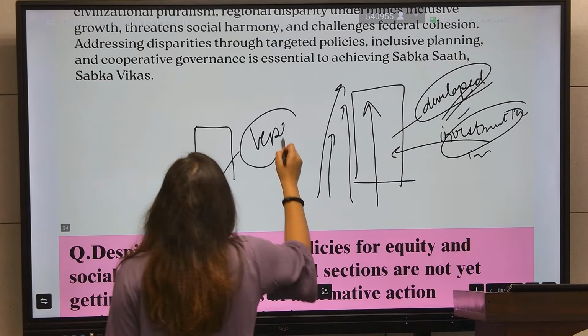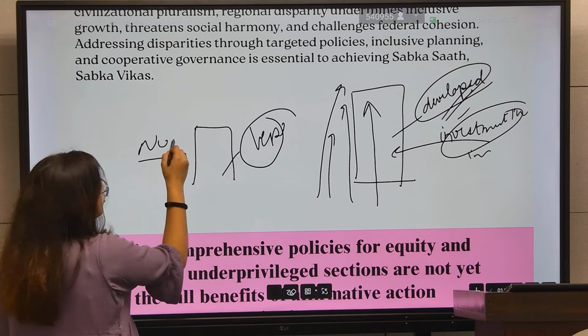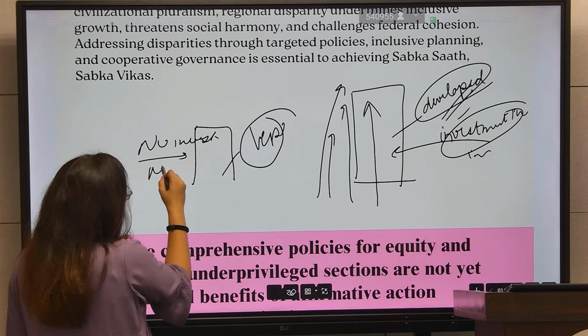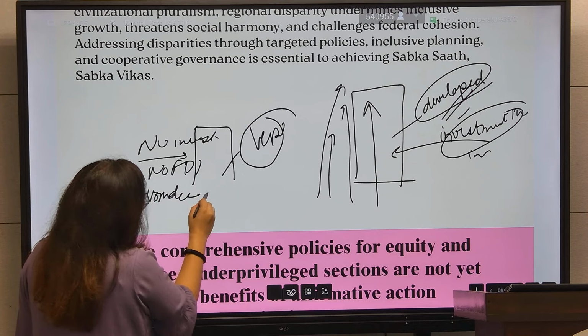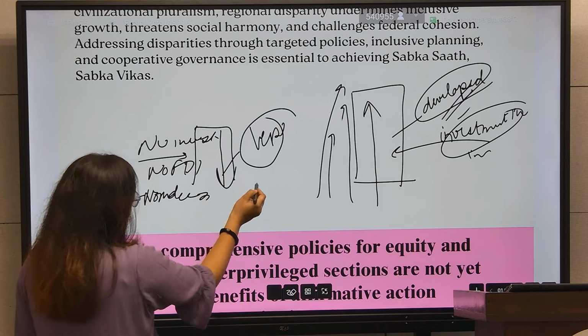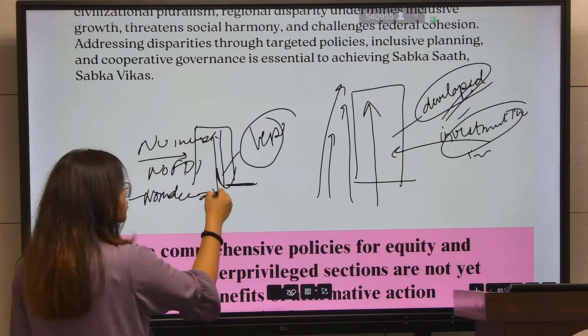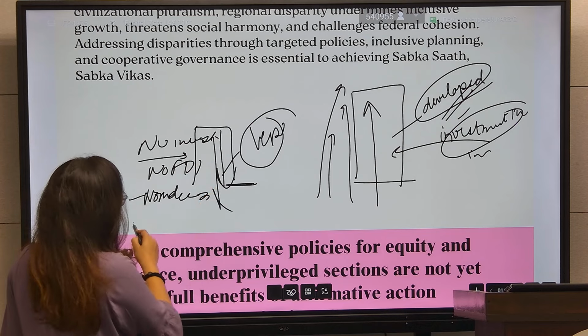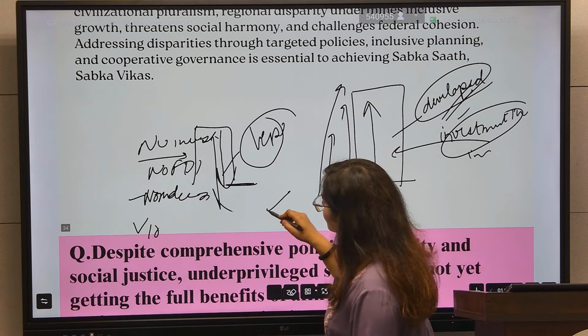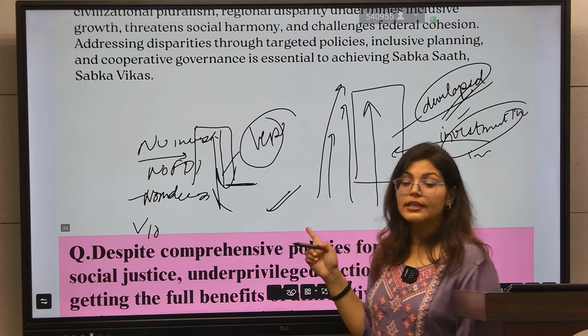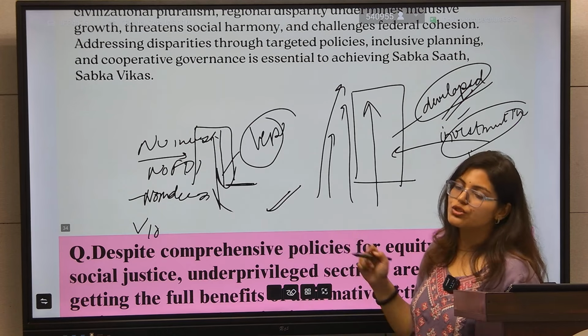And what happens in this area? There is no investment, no FDI, no industries. So the already underdeveloped area becomes more underdeveloped. This is the virtuous and vicious cycle that exists, and that is the economic consequence of regional disparity.